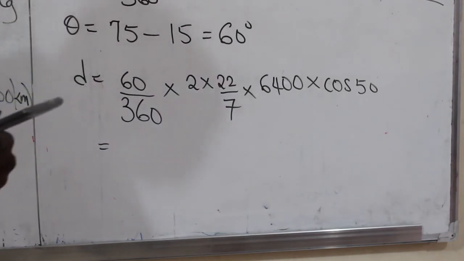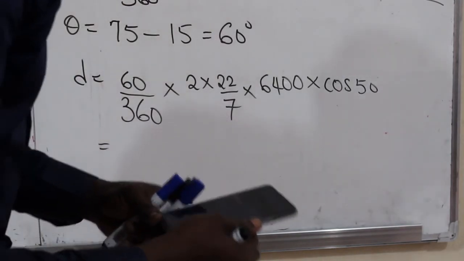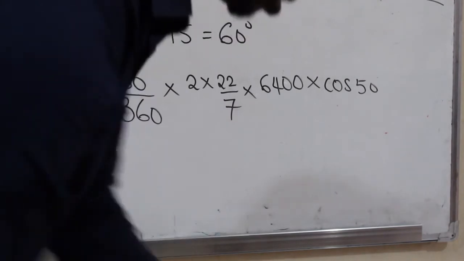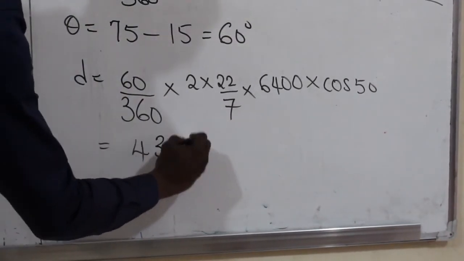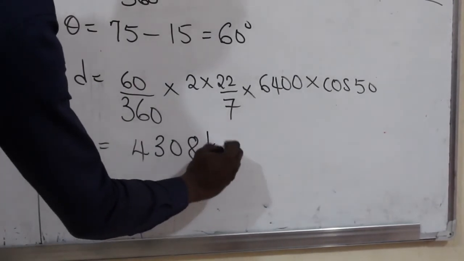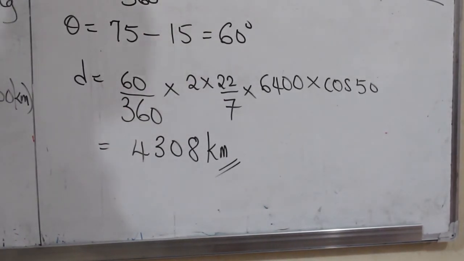The answer we got here is 4,308.0. So the 0.0 is insignificant. So I write the final answer as 4,308 kilometers. This represents the distance between M and N. That answers the B part of the question.